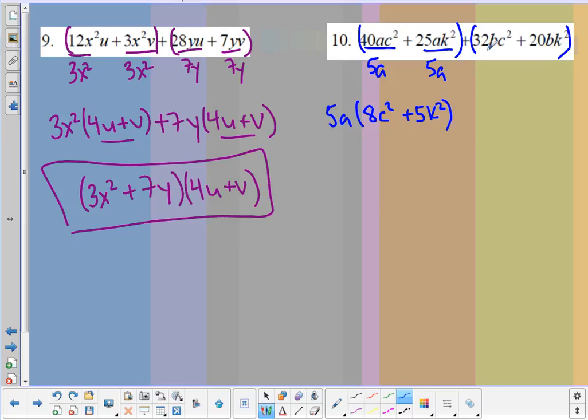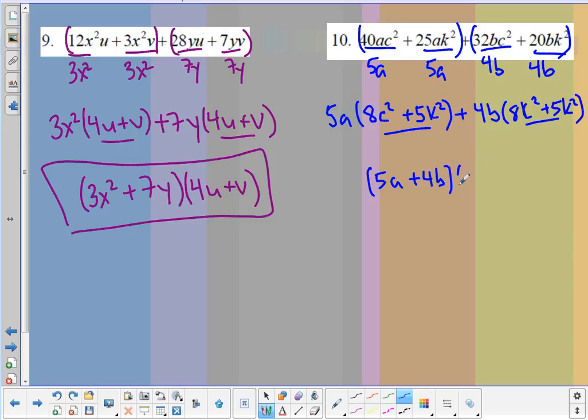All right, over here, 32bc squared, 20bk squared. I can take out a 4. And then for variables, I can just take out a b. So plus 4b, 8c squared plus 5k squared. And the match, 8c squared, 5k squared, there they are. So 5a plus 4b and 8c squared plus 5k squared. Ooh, lots of variables going on there.